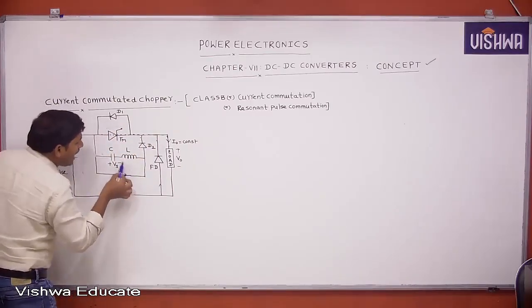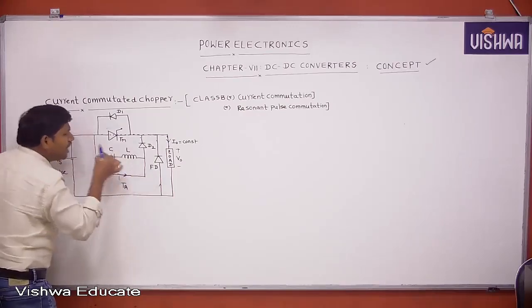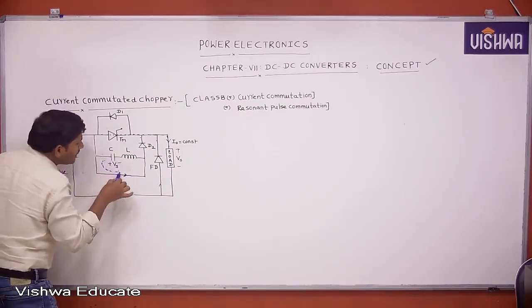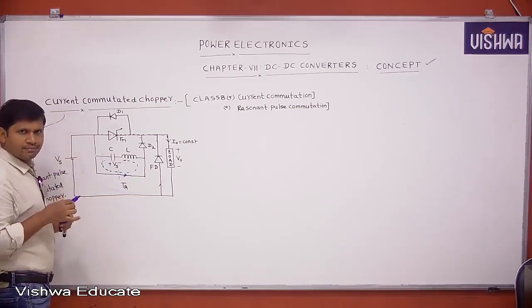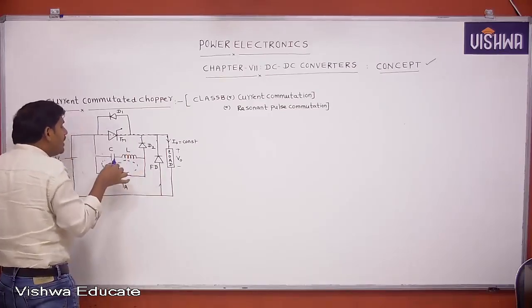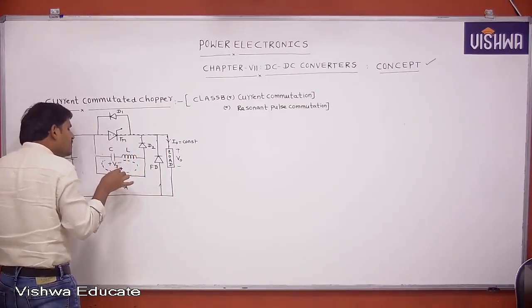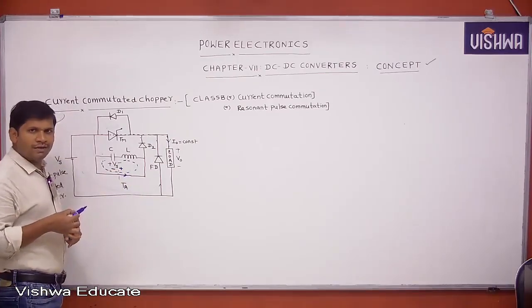Now whenever the auxiliary thyristor is triggered, there is a path for discharging of the capacitor. Now what is the path for discharging of the capacitor? This is the path. Because of this path, this becomes positive and this becomes negative. Now the polarity is reversing.